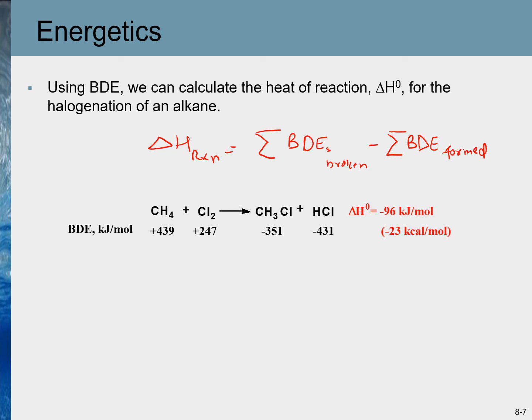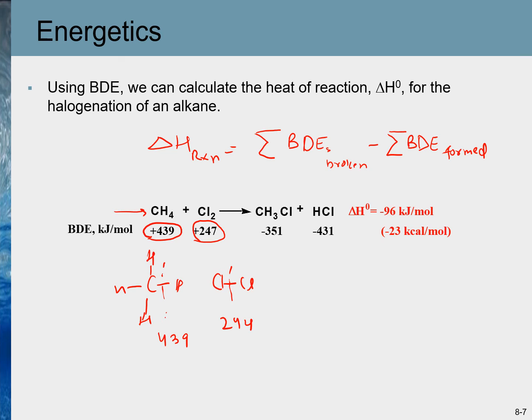For example, if we look at this reaction, we are breaking two bonds. One bond is between carbon and hydrogen, so this bond will break, and the other bond is between chlorine and chlorine. So two bonds are being broken. Energy required to break the carbon-hydrogen bond in methane is 439, and energy required to break the chlorine-chlorine bond is 247.